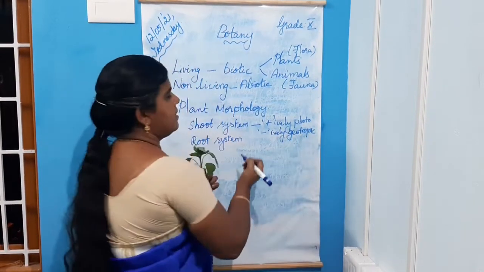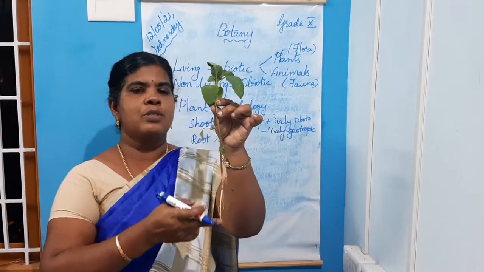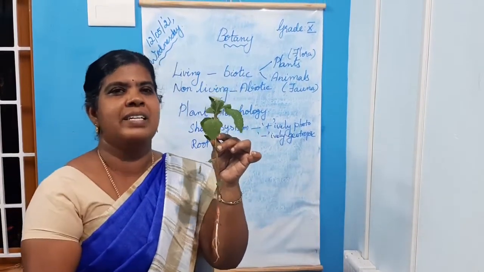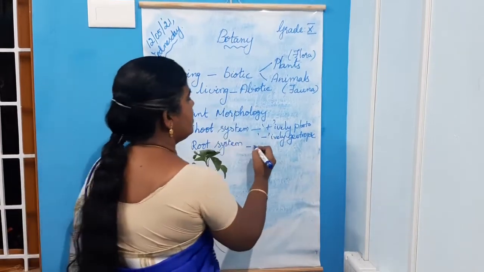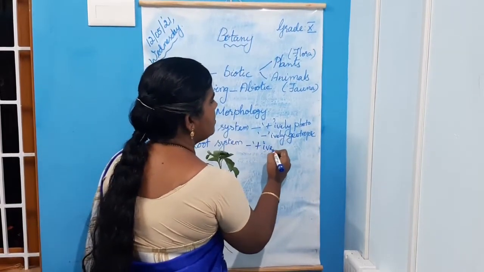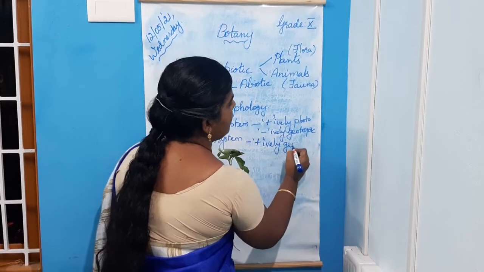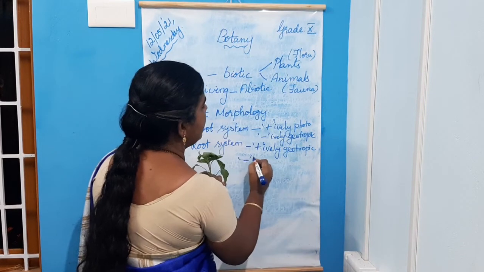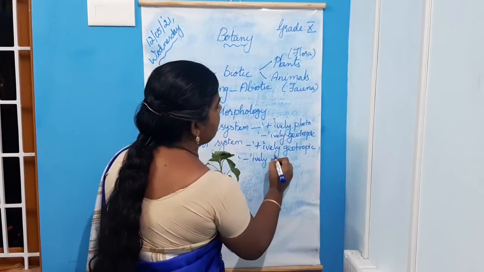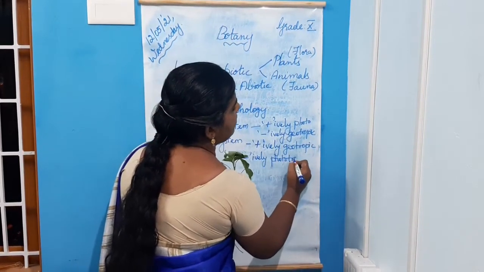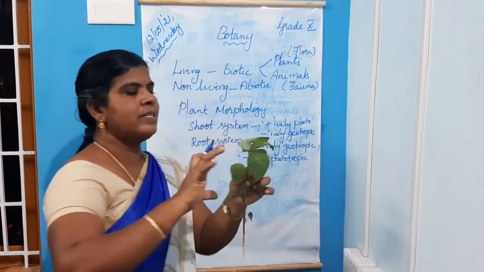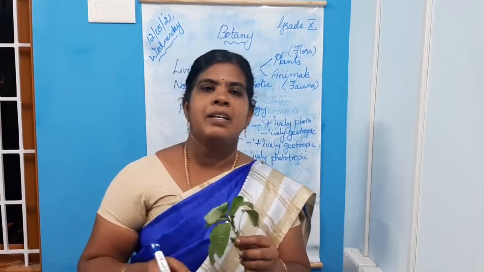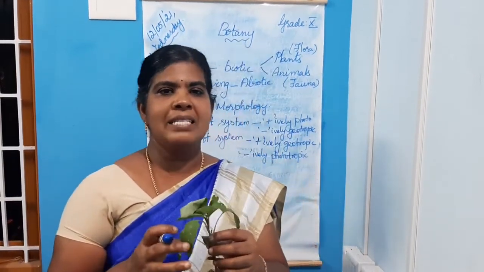Now, this root system always grows below the soil level, so it grows towards gravity. So it is positively geotropic, and it is negatively phototropic.